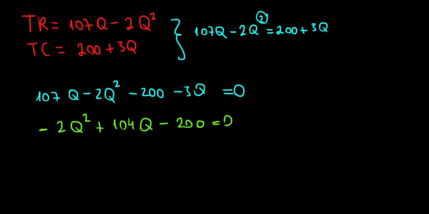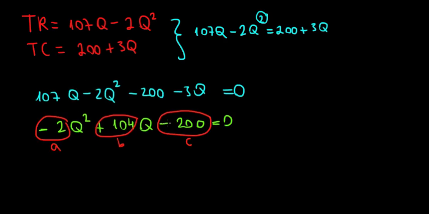Okay, that's our quadratic function now, because we have our a, our b, and our c. Remember, the coefficient next to the squared term is our a. The coefficient next to the term with the power of 1 is b, and the constant is just the constant, minus 200 in this case.